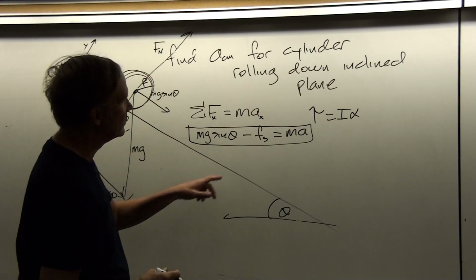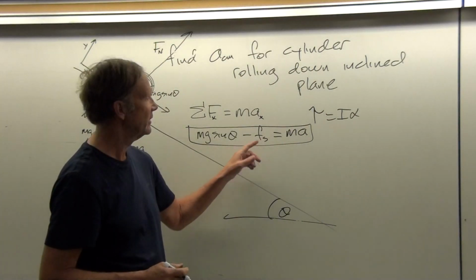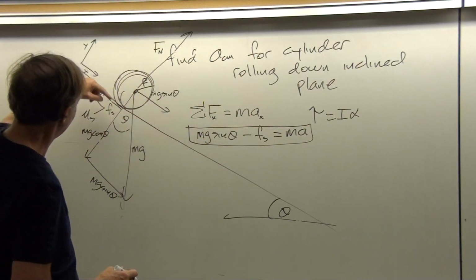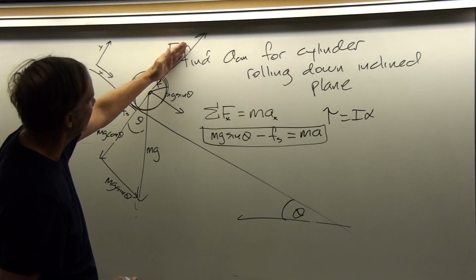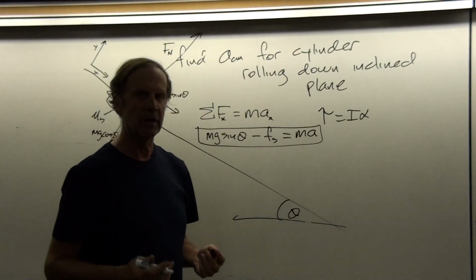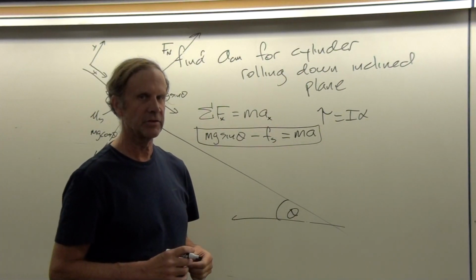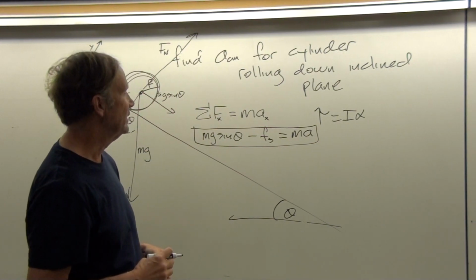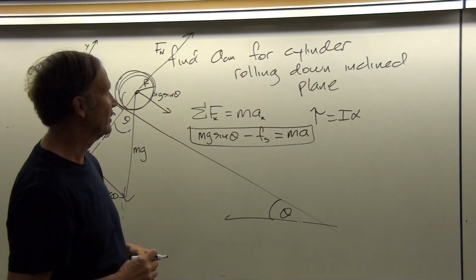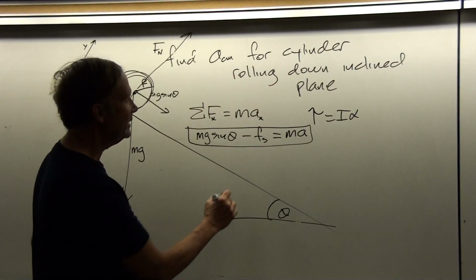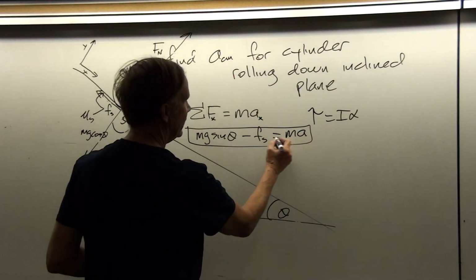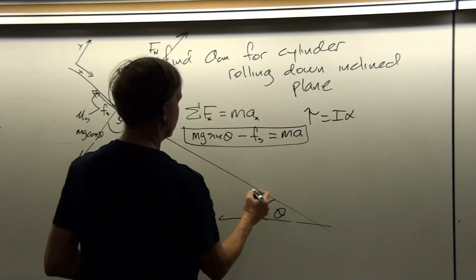You'd be tempted here to maybe write the coefficient of static friction times the normal force, which would be mu s times mg cosine theta. But that would be wrong because we haven't pushed the static friction force to the point at which it starts to slide. And so with this as an unknown, we need a second equation to solve for the two unknowns, the static friction force and the acceleration.